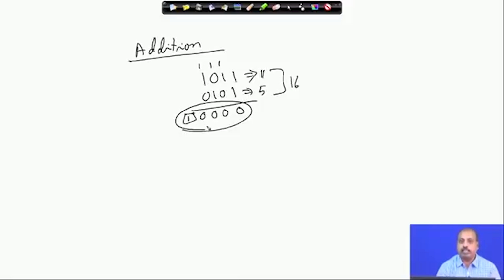But of course, there is a concern: when I am taking numbers like 11 and 5, I have taken 4-bit representation, but the result that I have got is a 5-bit representation. So, the number 16 cannot be represented in a 4-bit number system. In computer systems, this is a very important problem, because we cannot give arbitrary length to individual numbers. The addition cannot be done over arbitrary sized numbers.